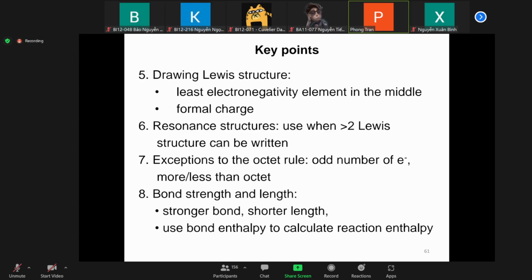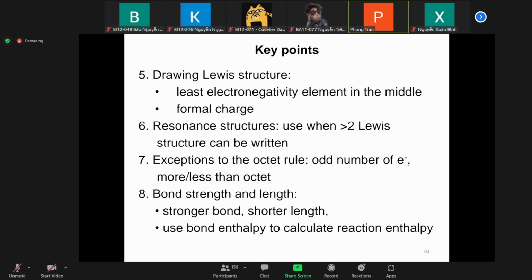You have some exceptions to the octet rule. You can have a Lewis structure which is stable even if the central atom is not satisfying the octet rule because it has an odd number of electrons. It can also have less than 8 electrons, which means it does not obey the octet rule. It can also have more than 8 electrons.